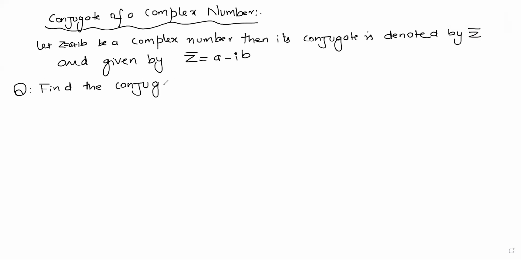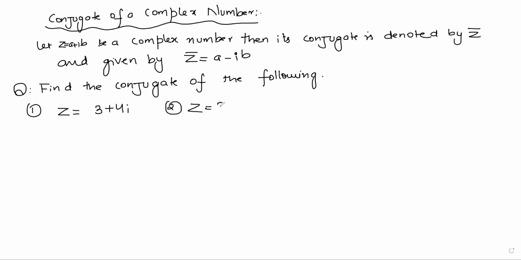Find the conjugate of the following. First is z is equal to 3 plus 4 iota. Second is z is equal to 3 minus 4 iota. Third, z is equal to 1 by 3 plus 4 iota. Please solve these questions one by one and share your answer.